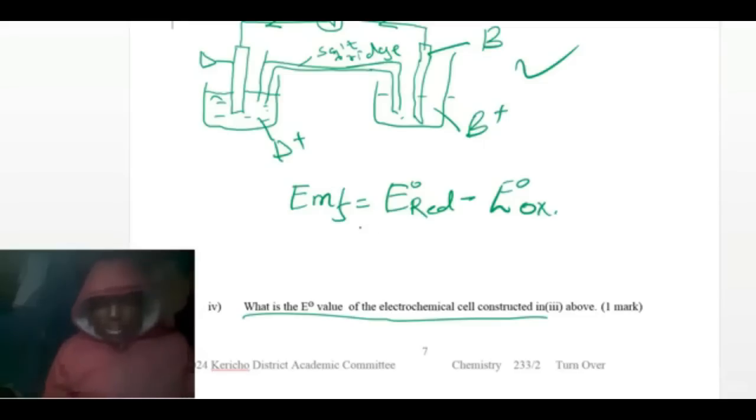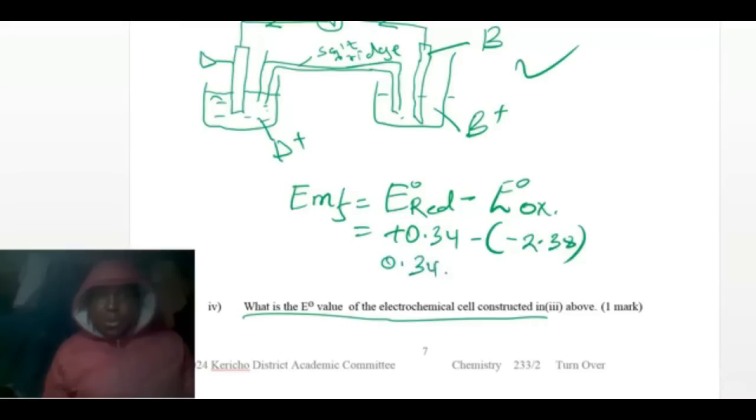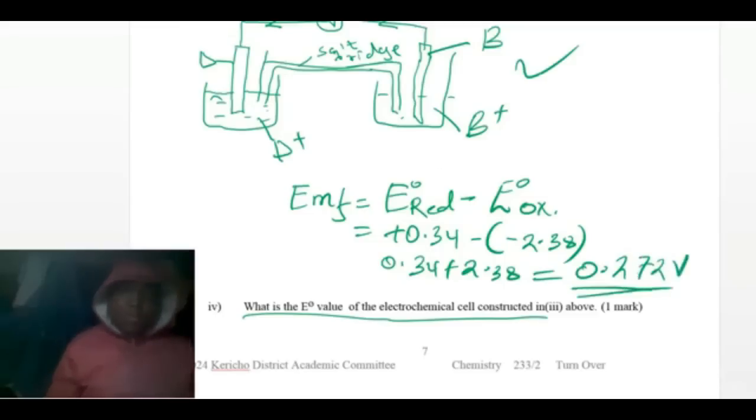So you write the E for the reduction, which is positive 0.34, minus the negative 2.38. So this is the same as 0.34 plus 2.38, and that will give us 2.72 volts, and that is the EMF for this cell.